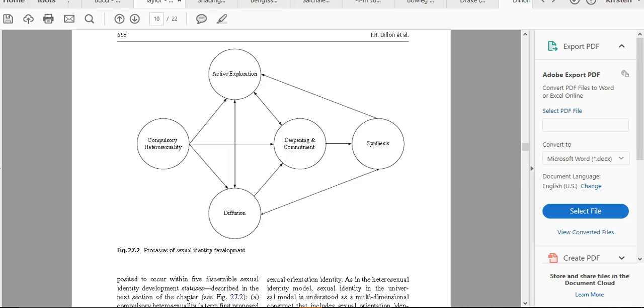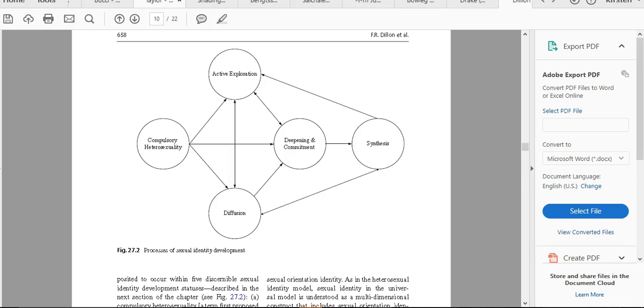In some cases, I think this is where this individual still is. There's not necessarily a movement towards synthesis, but at this particular life phase, deepening and commitment is the space this individual occupies.